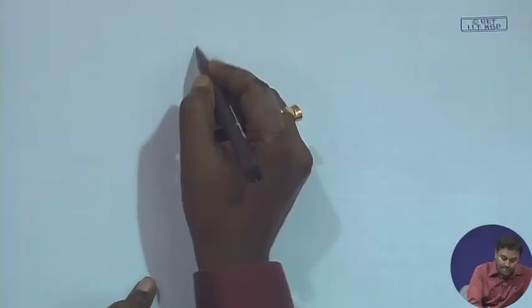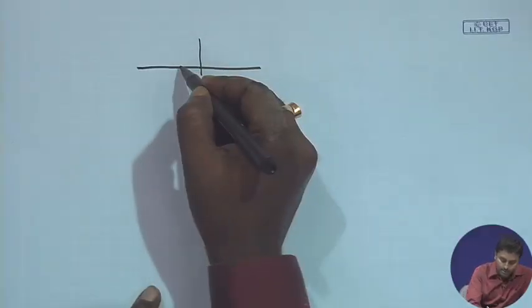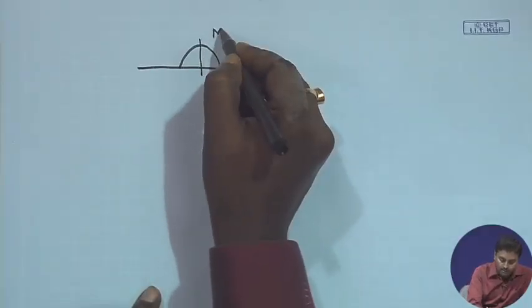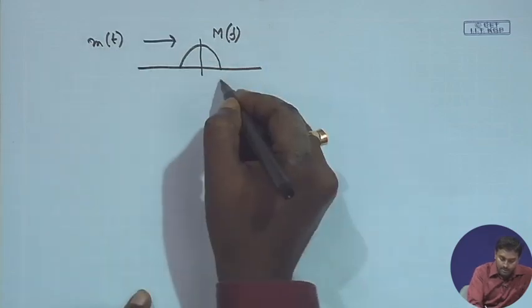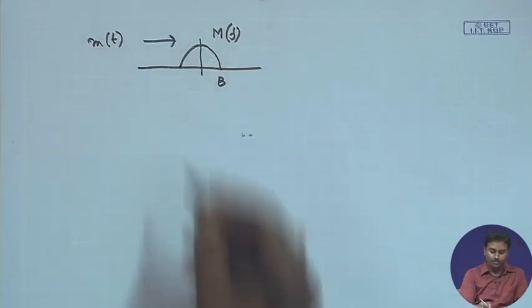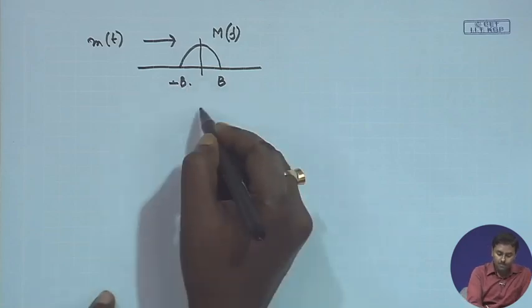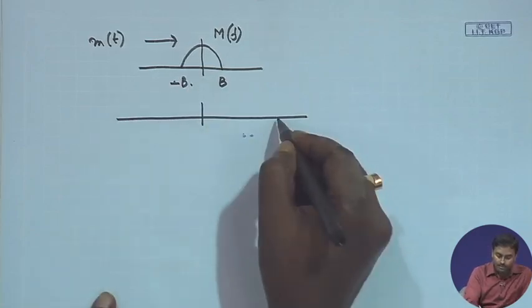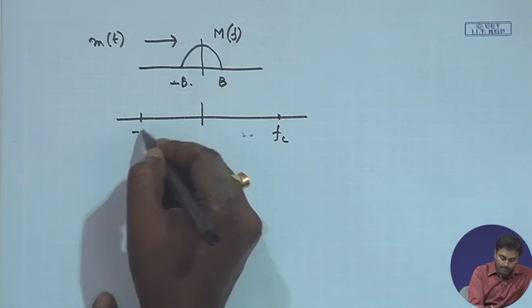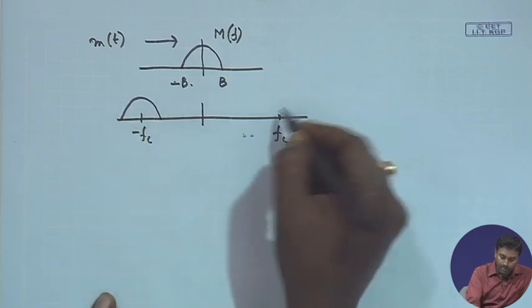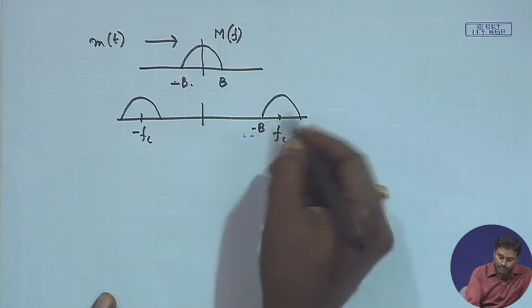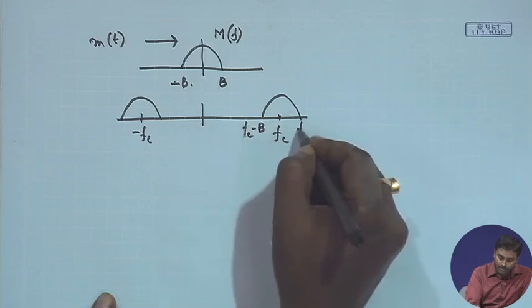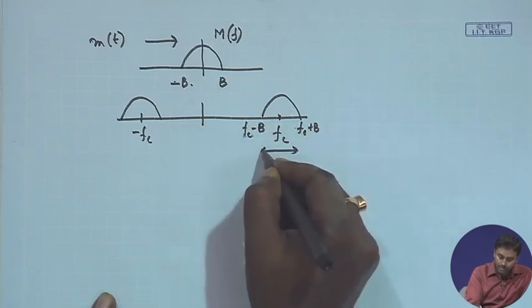Whenever we do VSB, let us demonstrate. Suppose this is my MT and the corresponding MF, which has a bandwidth B. If I do DSB, then at FC and minus FC it will be modulated and occupy a band from FC minus B to FC plus B, so almost 2B bandwidth.